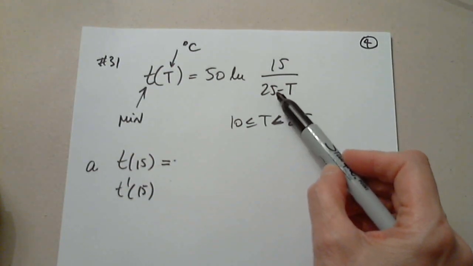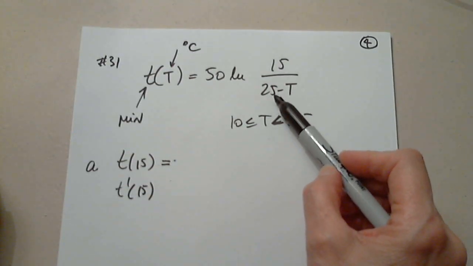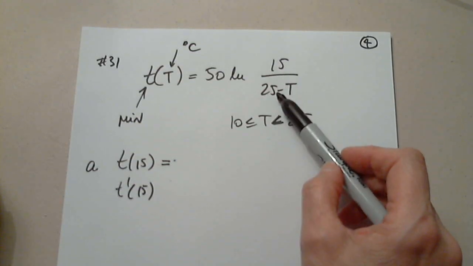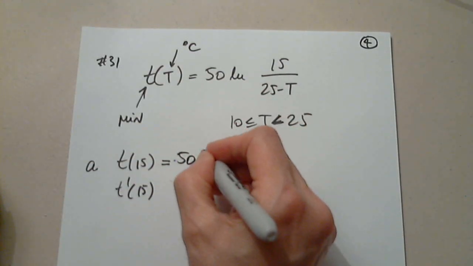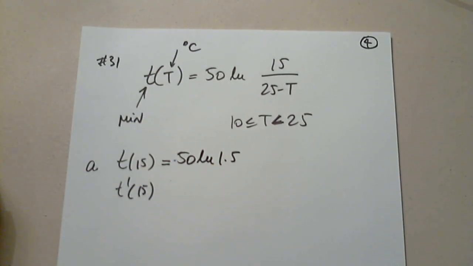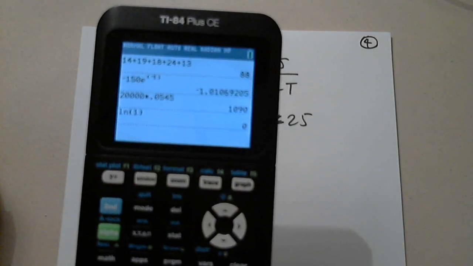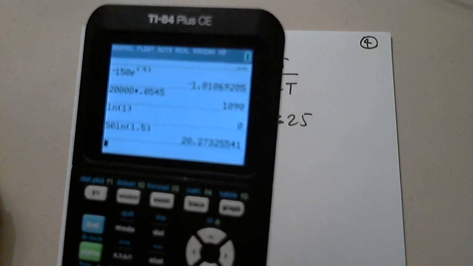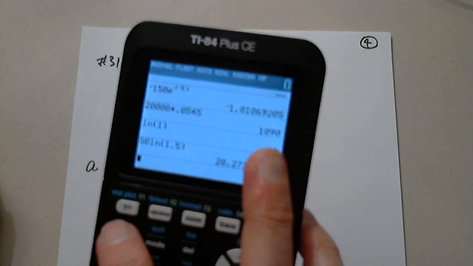So 25 minus 15 is 10. 15 divided by 10 is 1.5. I have no idea what that means, but it's very easy. 50 natural log of 1.5 is 20.3.